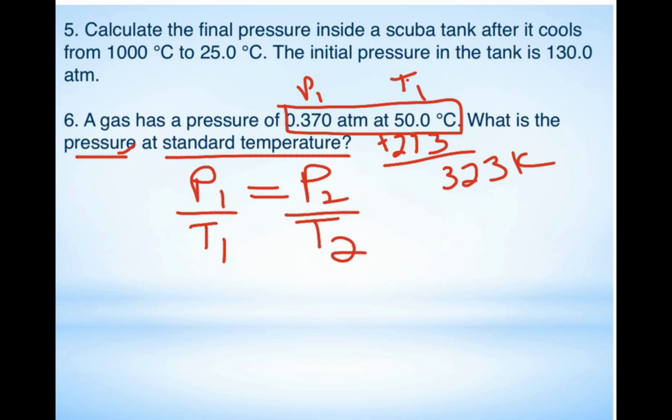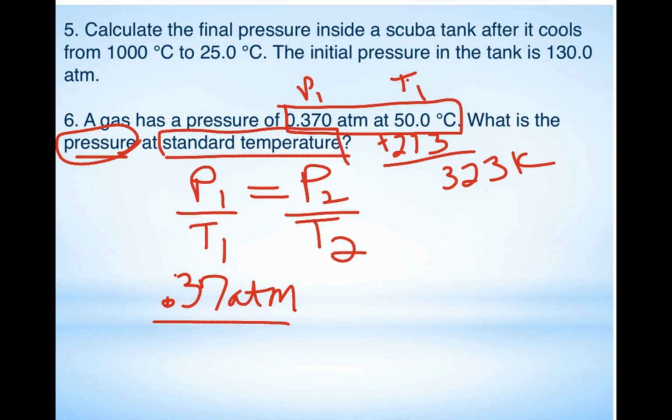So what is the pressure at standard temperature? So we have P1 is 0.37 atmospheres over 323 Kelvin is equal to our pressure, there's our unknown, over the standard temperature.